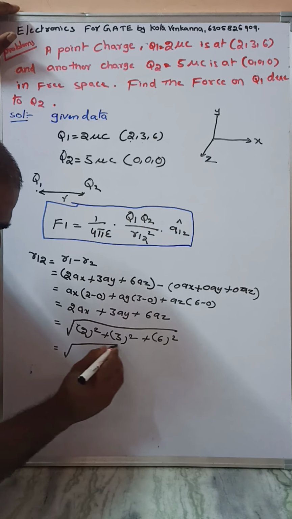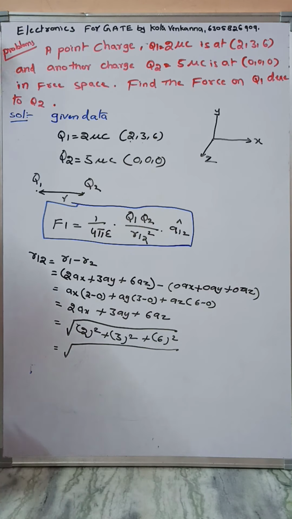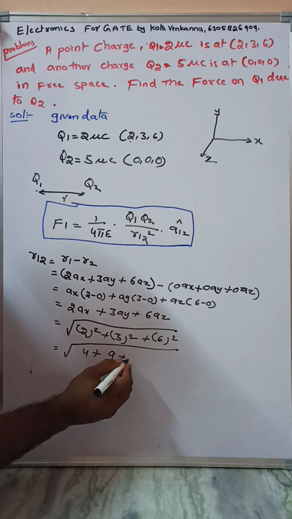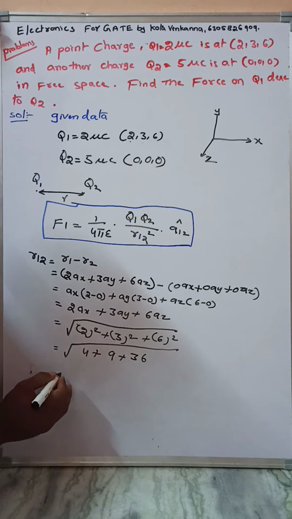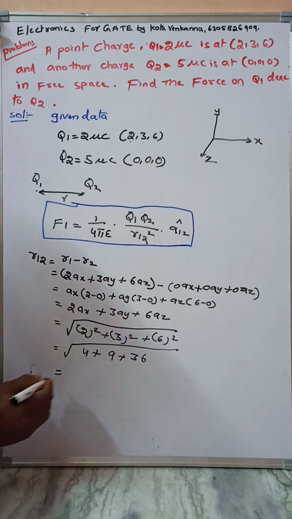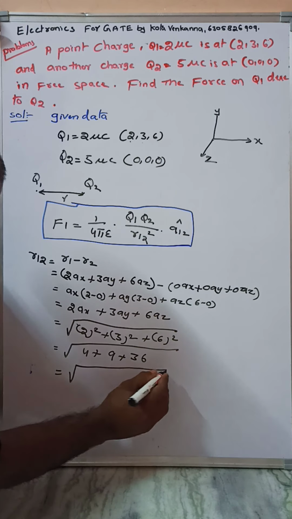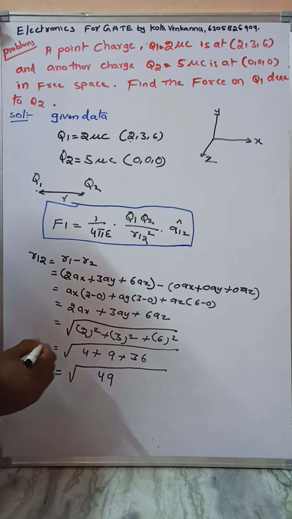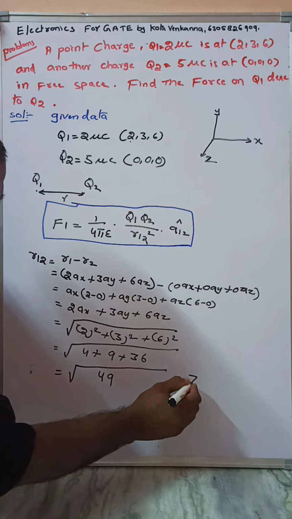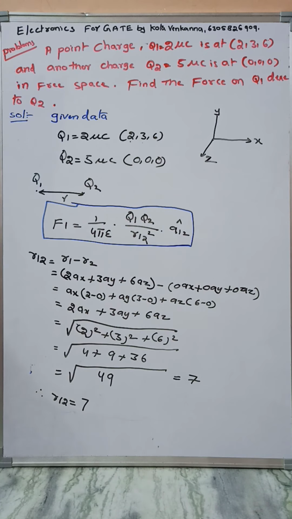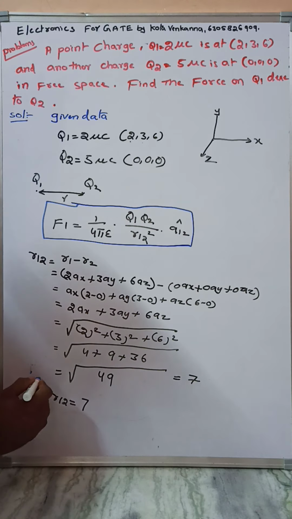That is the square root of 4 plus 9 plus 36, which is the square root of 49, and the square root of 49 is equal to 7. Therefore R12 is equal to 7.